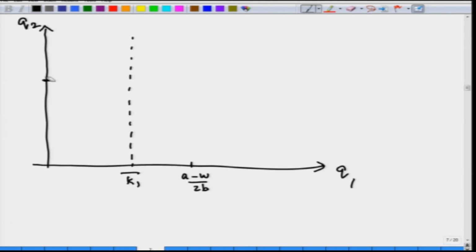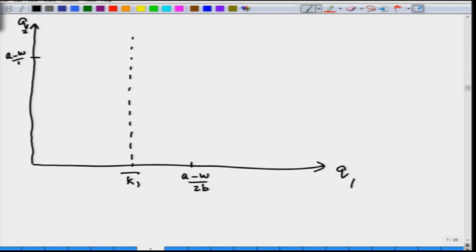Let us call this Q2, and let us say this is A minus W divided by B. So, essentially this would have been the best response function for firm 1.